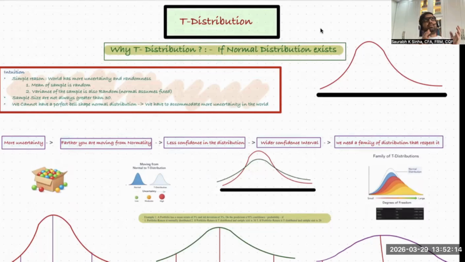But there are certain randomnesses and uncertainties in the world, and for that we have to fall back to a much worse distribution than normal distribution, and that distribution is the t distribution. Now the question is, what is the normal distribution neglecting or disrespecting? The uncertainty, but what uncertainty?